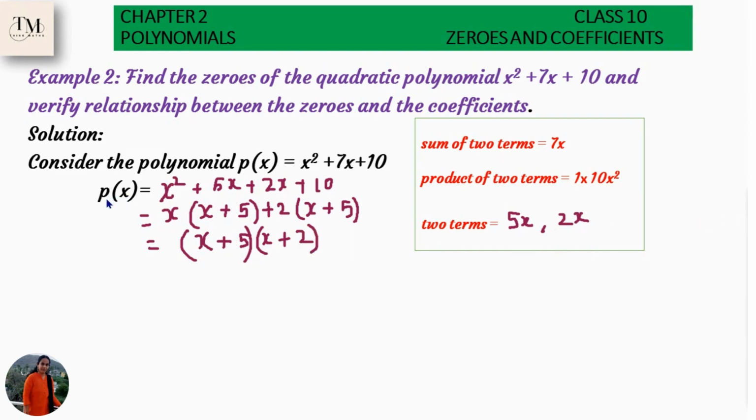So this p of x will be equal to 0 when x plus 5 is equal to 0 and x plus 2 is equal to 0.